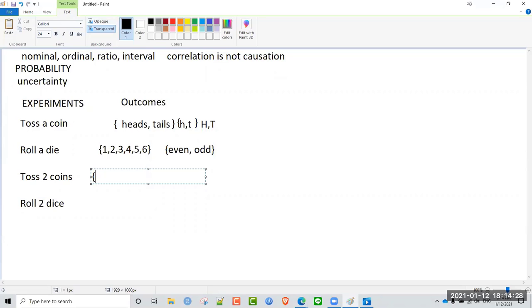Okay, how about Hu Tai Nguyen? Yes, Professor. So what would you say? It's either both heads or both tails or head and tails.